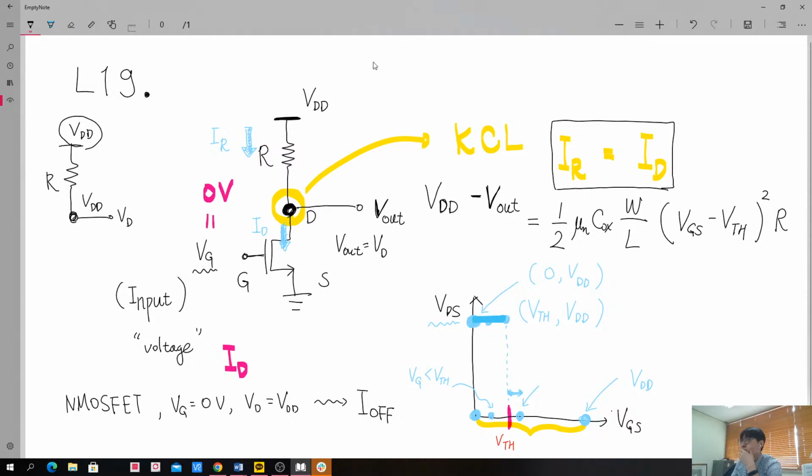Then we can write down V out is given by VDD minus half of certain fixed numbers, mu and Cox W, where they are all given numbers, and (VGS minus VTH) squared and R. So how do you draw it? Could you please draw it for your understanding?